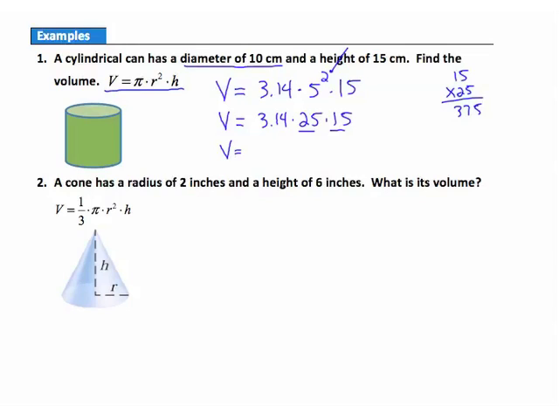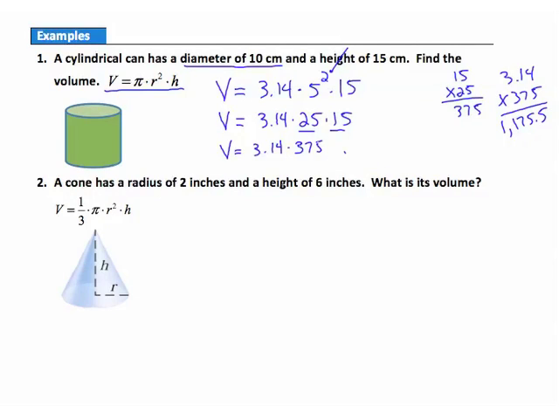So now the volume is 3.14 times 375. And so now I need to multiply 3.14 times 375. When I do that multiplication, I get 1,175.5.